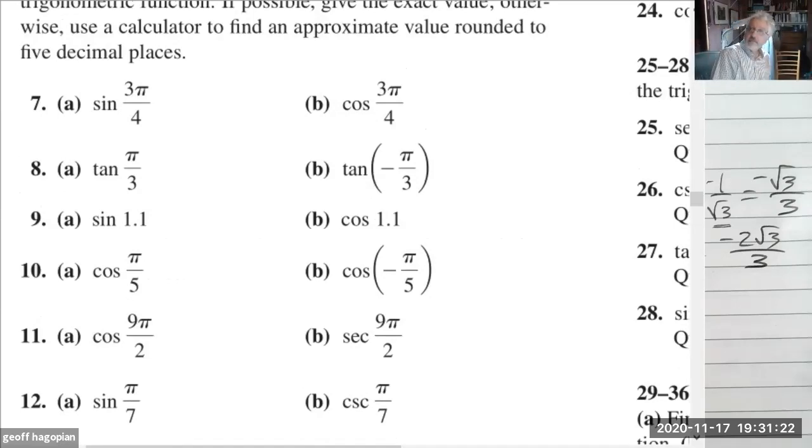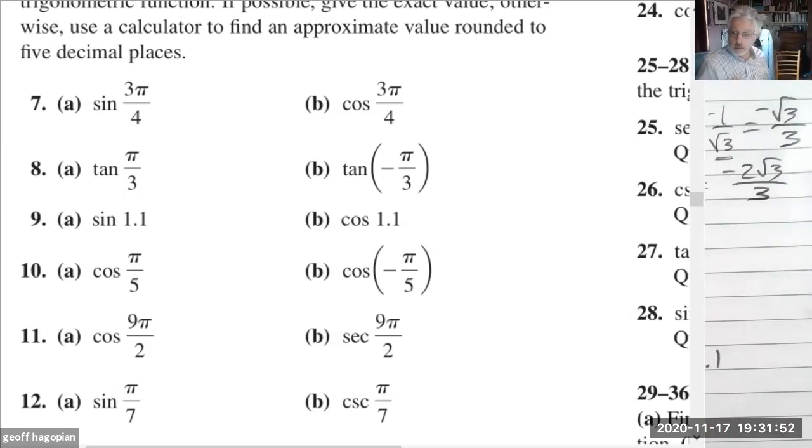So this is 9, A and B. And they want us to use the unit circle to approximate x, y for t equals 1.1. Okay, sorry, we need to go over to the workbench here.